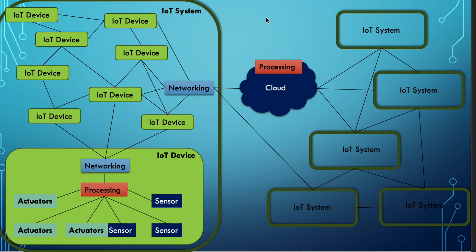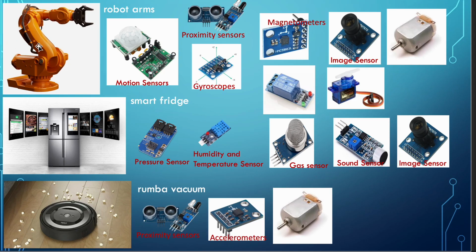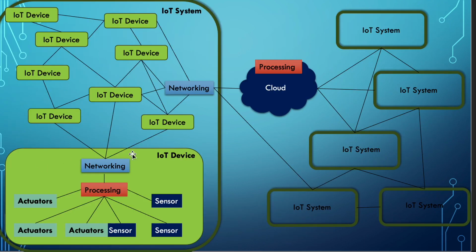The data produced by some IoT devices is used internally. If you have a large manufacturing plant with robotic arms working, the data produced by that device will not help other IoT systems. It would only help that manufacturing plant, most probably, and would be kept inside.